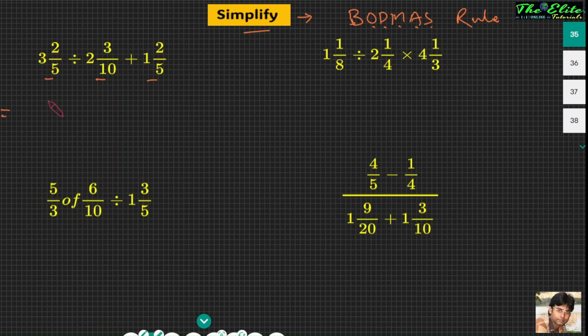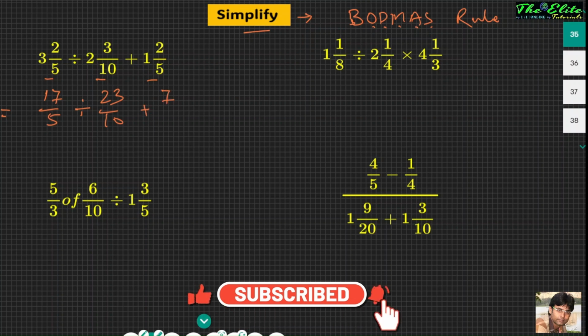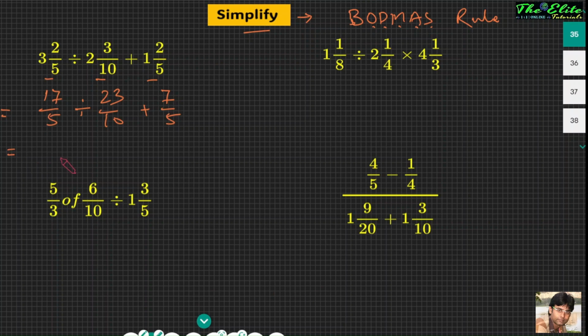The very first step is to convert these mixed fractions into improper fractions. So it is going to be 17 over 5. Now you please don't ask me how. Okay, it is going to be 23 over 10. It is going to be 7 over 5. I may be wrong. You have to tell me in the comment box wherever you find me wrong.